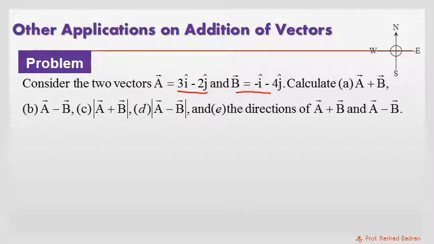Calculate part A, the addition of these two vectors, A plus B. In part B, calculate A minus B. Well, in part C, determine the magnitude of the adding vectors A plus B. In part D, determine the magnitude of A minus B. And finally, in part E, find the directions of A plus B and then A minus B.